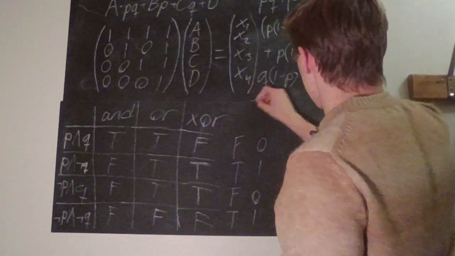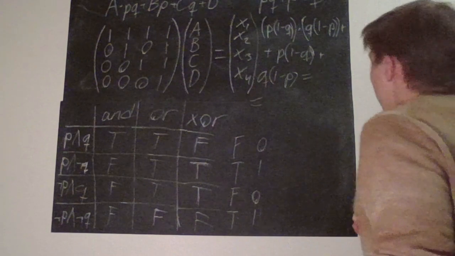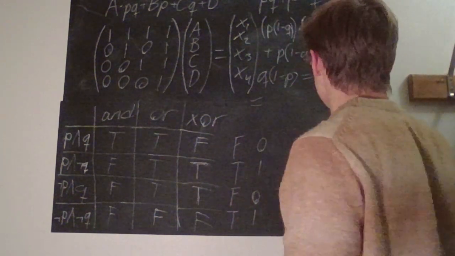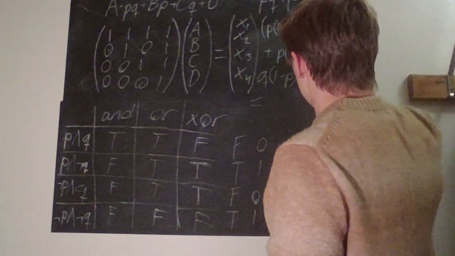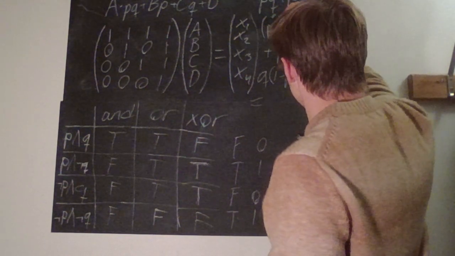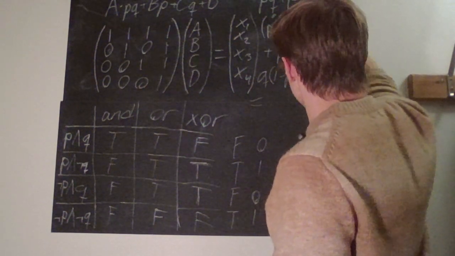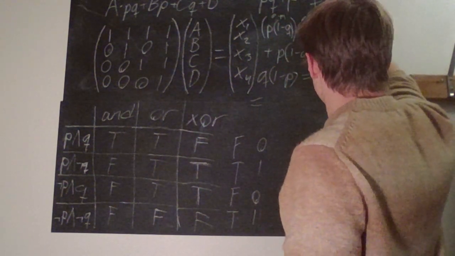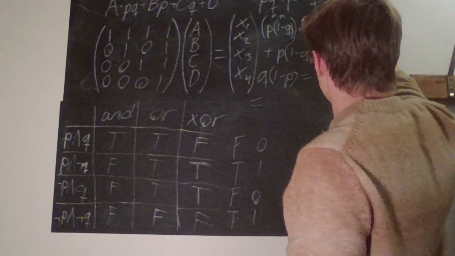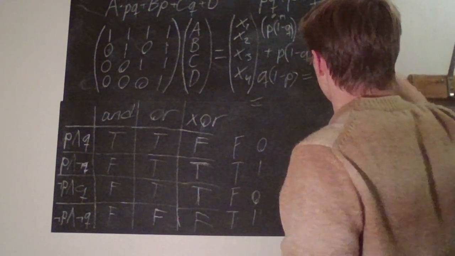And if we expand these parentheses, we should get, okay, so in here we have p minus pq, and here we have q minus pq.